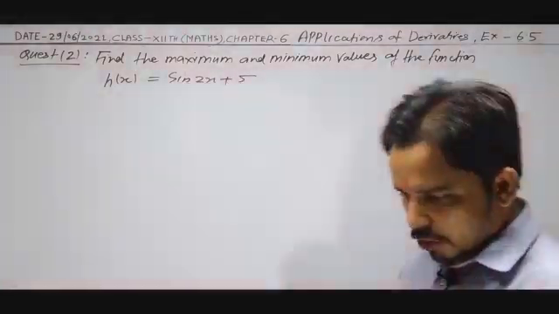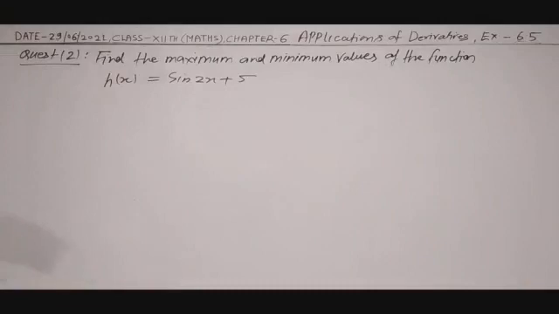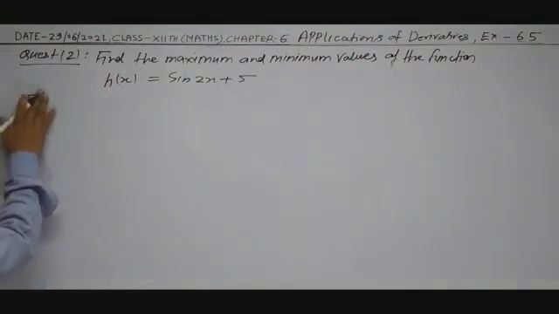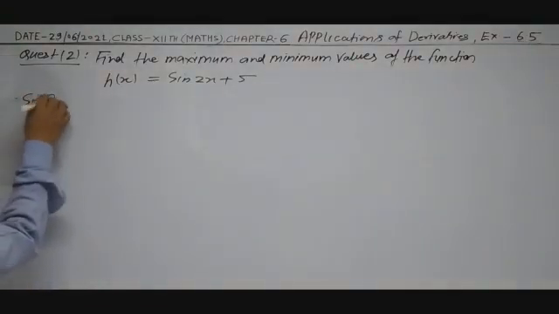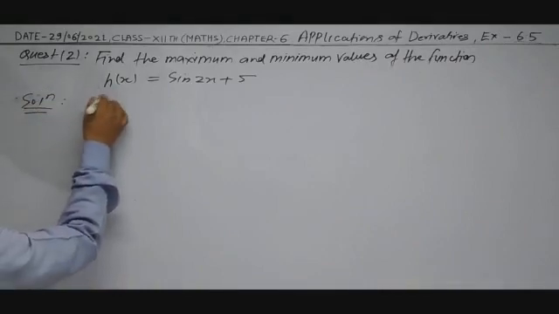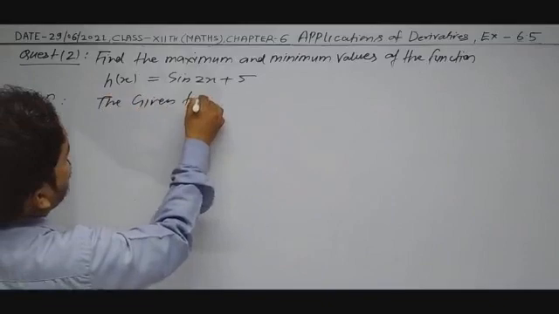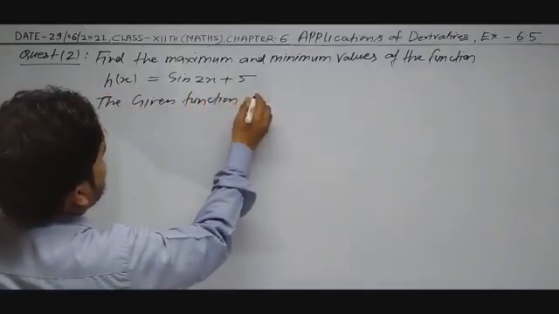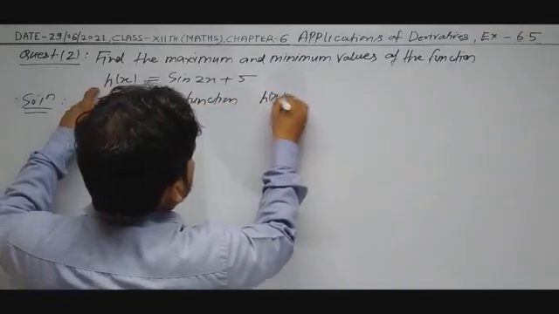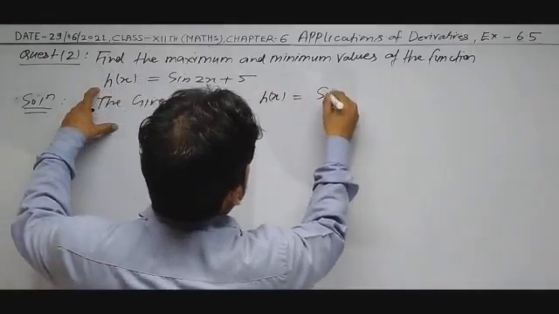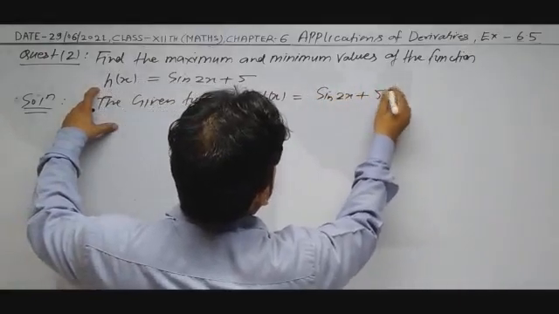So first of all, you will consider the given function. Solution. The given function h(x) = sin(2x) + 5.